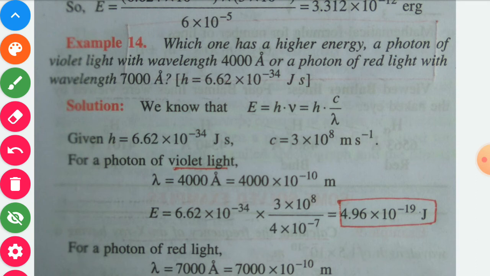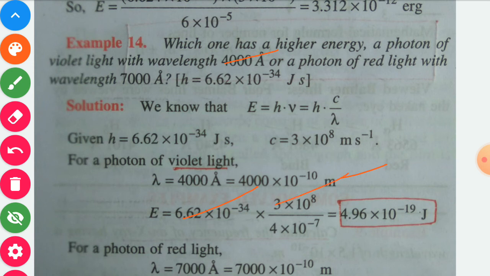wavelength is given 4000. So for violet color, 4000 angstrom unit is the wavelength. So that will be equal to 4000 into 10 power minus 10 meter. So energy related to the violet light, E is equal to hc upon lambda. Here h, Planck constant, is 6.62 into 10 power minus 34 joule second.